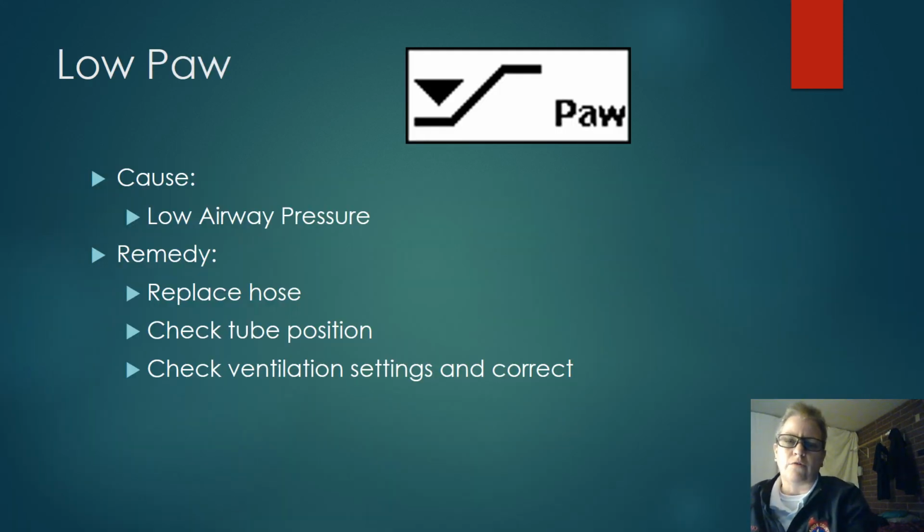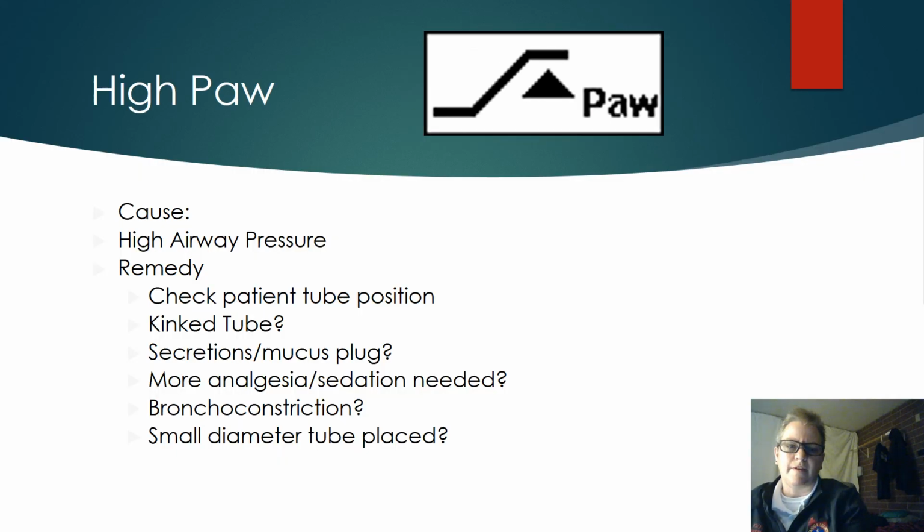This is a low airway pressure alarm. Remedy: replace the hose, check the tube position, check ventilation settings. If it has too low of a tidal volume, just check it. High PAW, so high peak airway pressure. Again, kind of like our high PEEP, check the tube position, kinked tube, secretions, mucus plug.